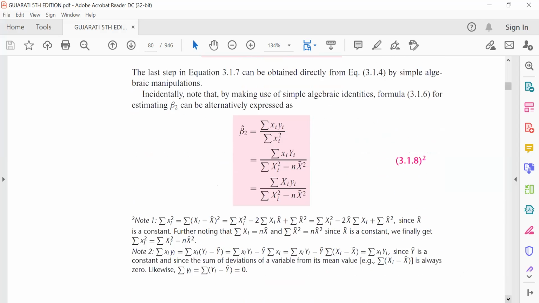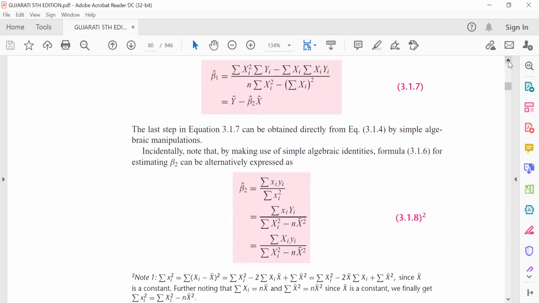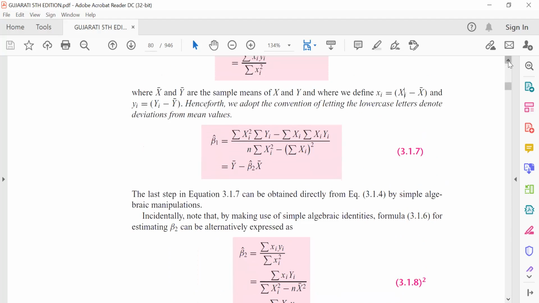We have to find beta 2 before we can calculate beta 1. You have to find beta 2 first, and then you can construct beta 1 after obtaining beta 2.